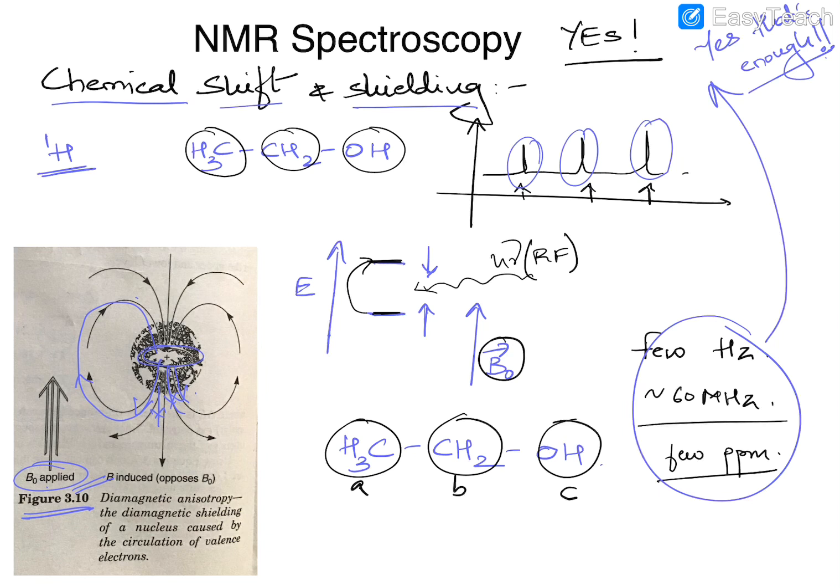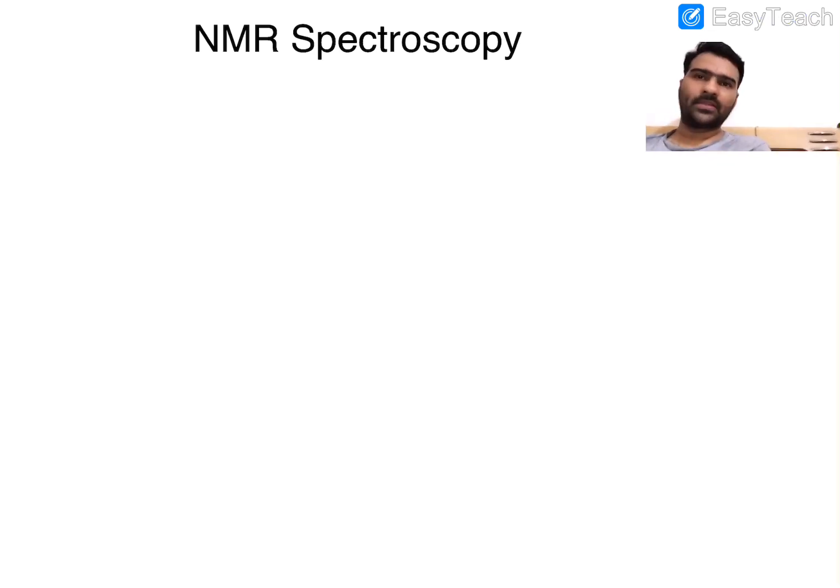And in case you're wondering whether such a small difference really makes a difference, the answer is yes, that small difference is enough so that we could play detective on the molecule. So what we've discussed is that based on the local environment around the nucleus, its resonant frequency is going to be affected, in which it can either be pushed a little upfield or downfield.